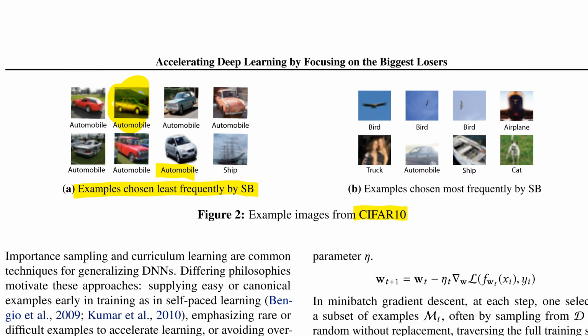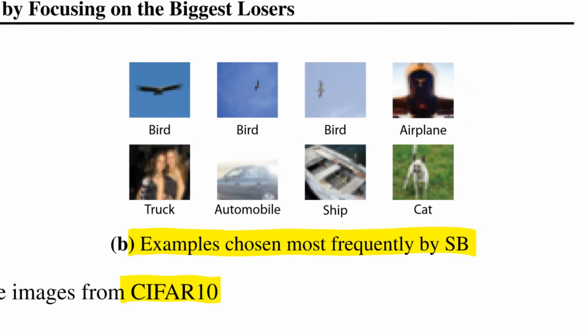And if you look at the hard samples, examples chosen most frequently by Selective-Backprop, it's these here. So it's, for example, bird. And bird, in this case, is just kind of a smear. They're just kind of smears on a blue background. It's understandable that at this resolution, it's pretty hard to make out that this is a bird.